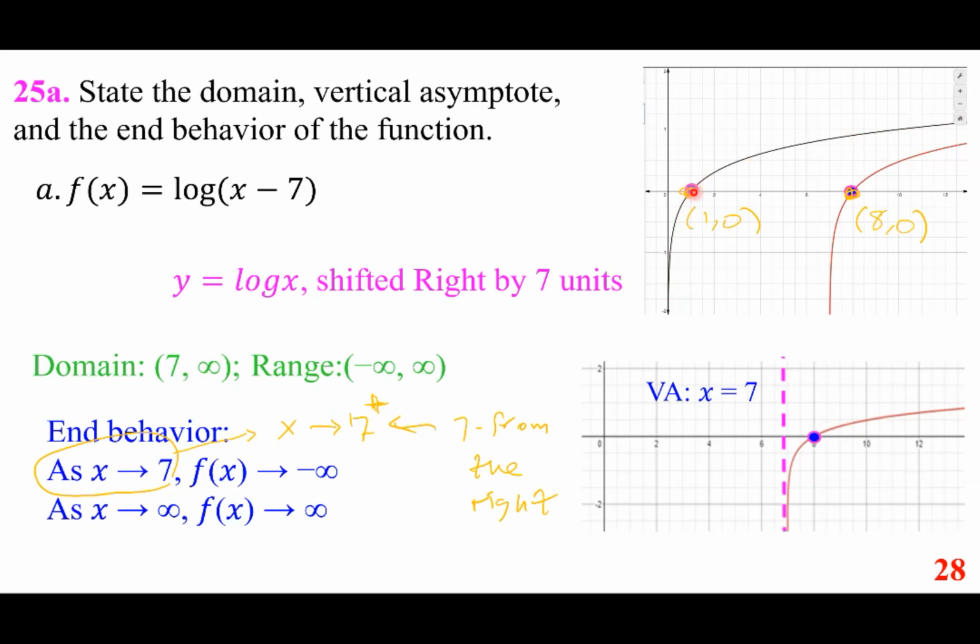But in this case, as x goes towards 0, then it goes to negative infinity. In other words, towards its vertical asymptote. This one, the vertical asymptote is 7. And again, from the right side, because it is not defined on the left side of the vertical asymptote.